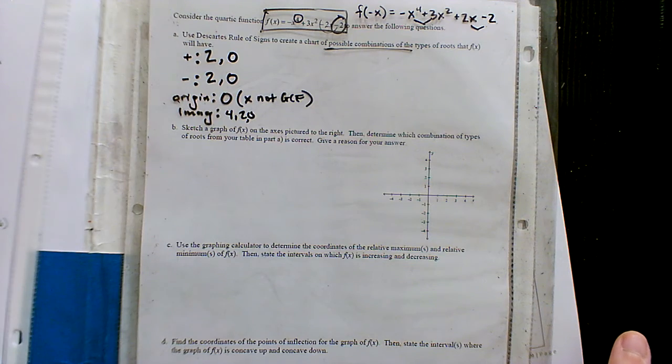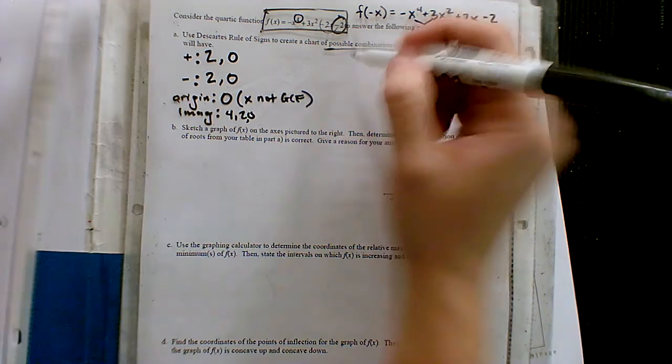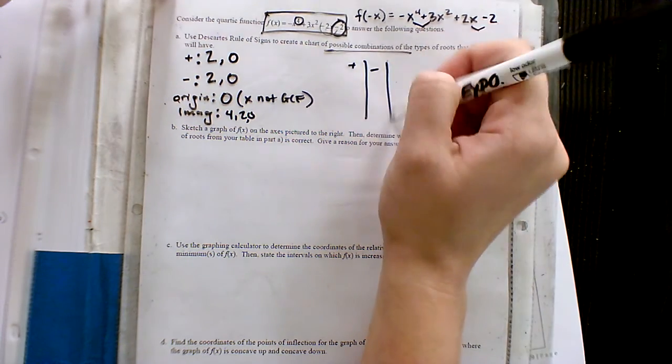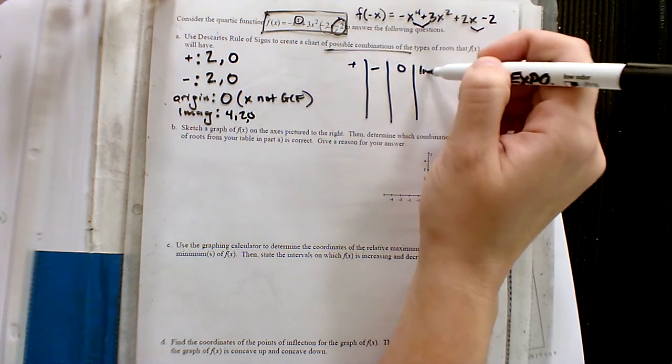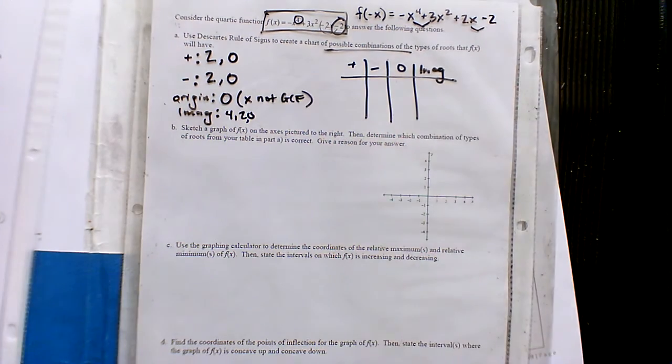Okay, so if these are all the possibilities where x-intercepts can be located, we're going to develop our chart of all the different combinations. Can we list some?